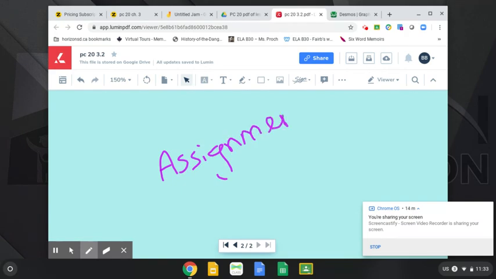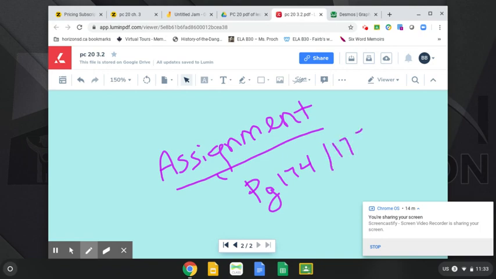This is on page 174 and 175 of your textbook. Remember, that is a PDF on the Google Classroom. Numbers 1 to 6 AC, and you can look at number 7 if you want.